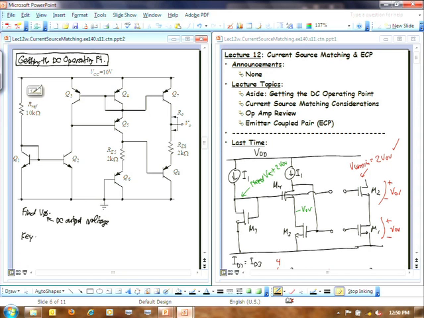So what's key? The key part of your procedure is you need to find a resistor with a well-defined voltage across it. Okay? And that's basically all you have to do.